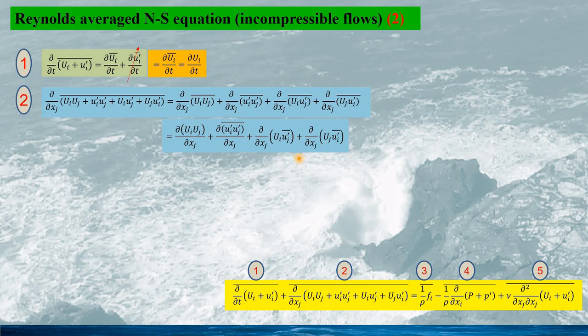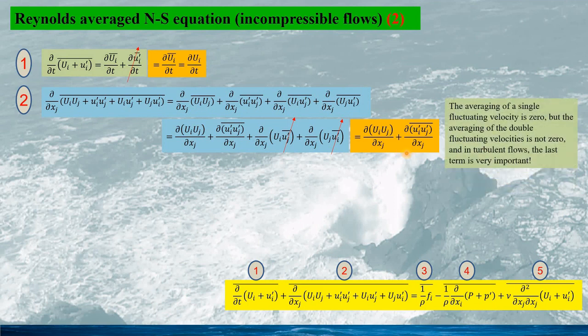Now we can see the averages of the single fluctuating velocities u prime j and u prime i are both 0. So we have the final expression for the second term as this.